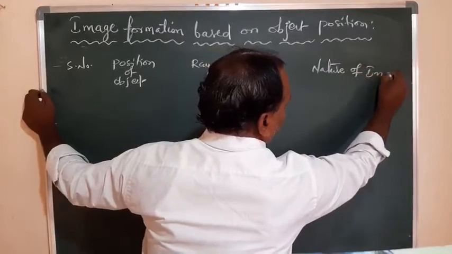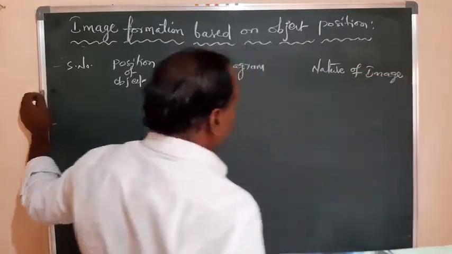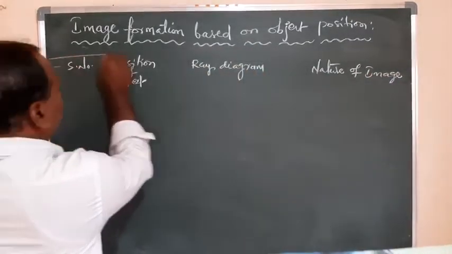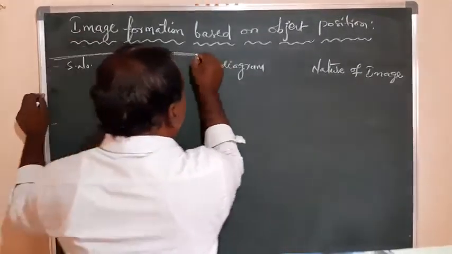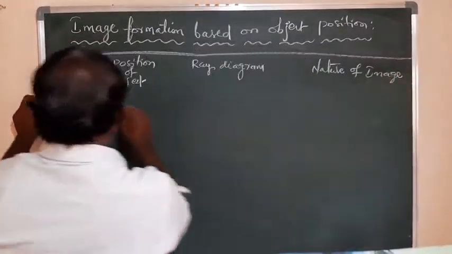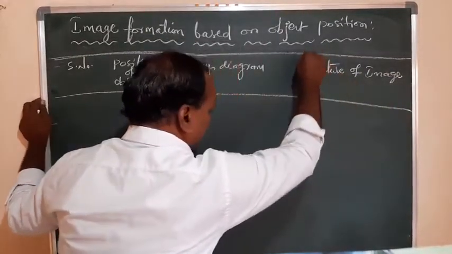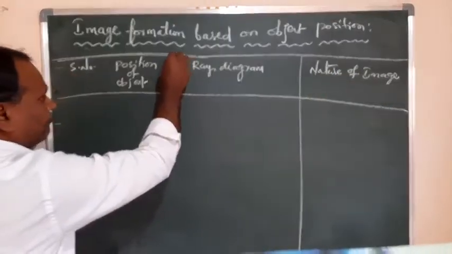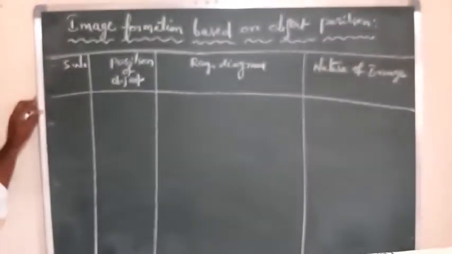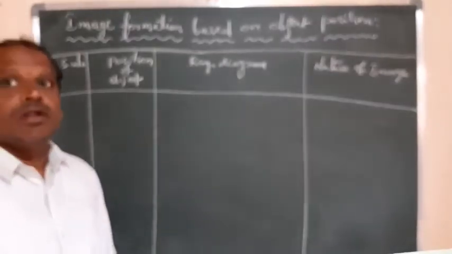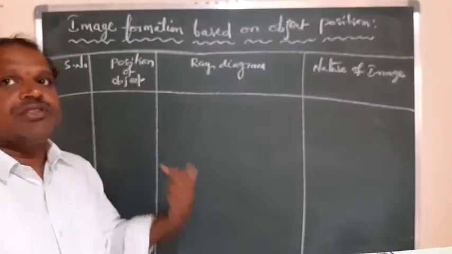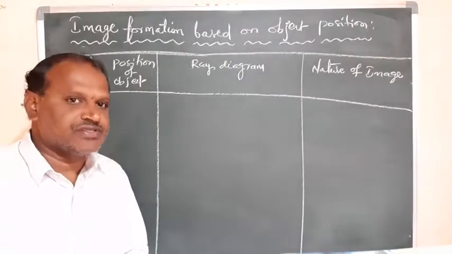So these are the columns you have to note in your notes properly, and make a table so that you remember the six cases for a convex lens. Right. So now you have another three cases. The first three cases we already discussed.